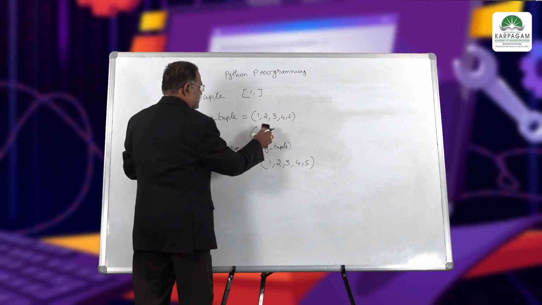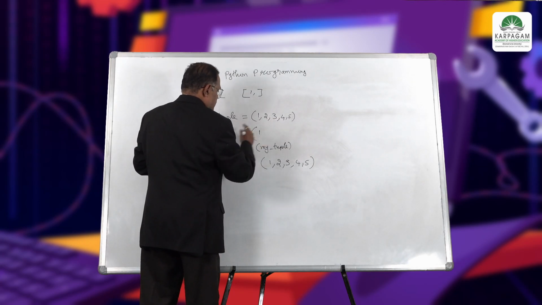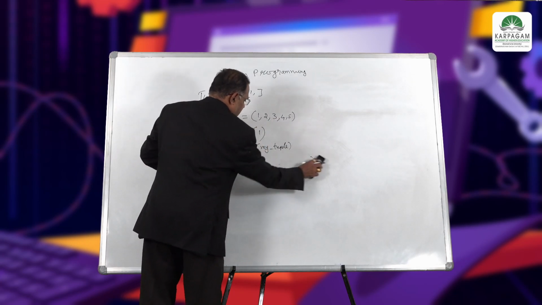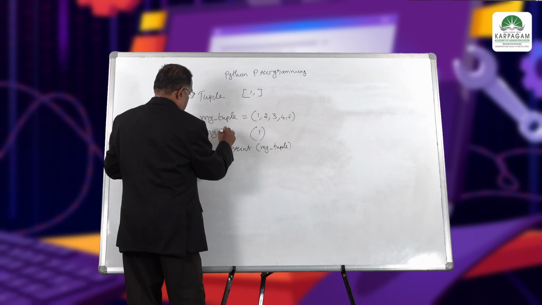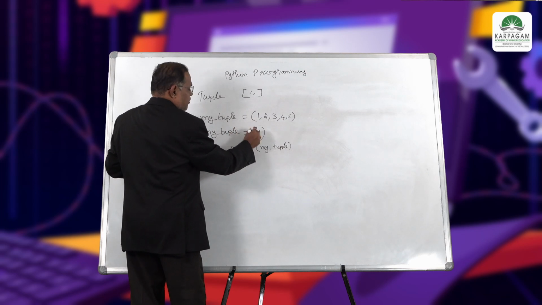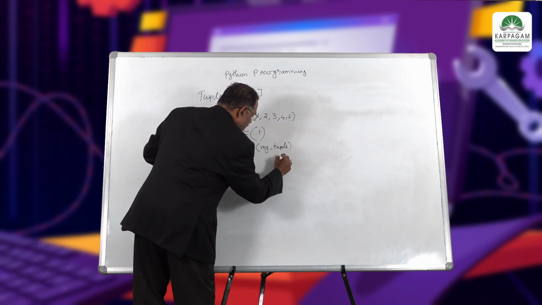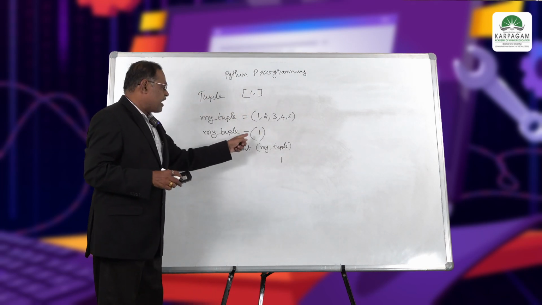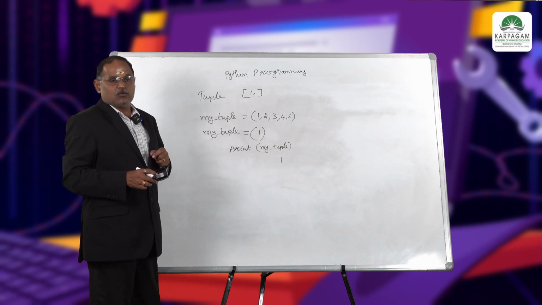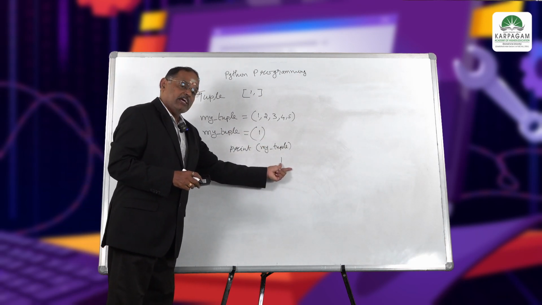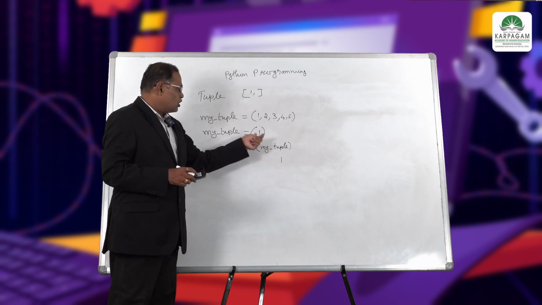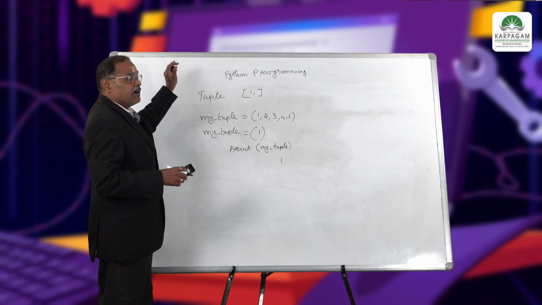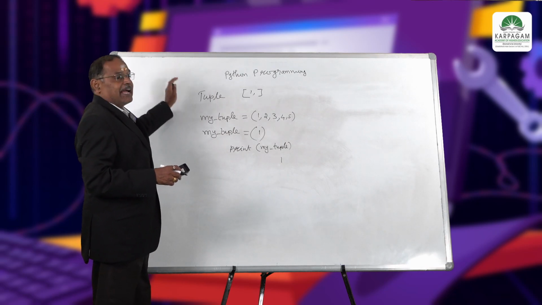If I am not using a comma and I want to print the same, then 1 will be printed simply. Instead of having open and close parenthesis, I will get the output 1. This denotes that it becomes a variable, not a tuple. This is the process of tuple and list.